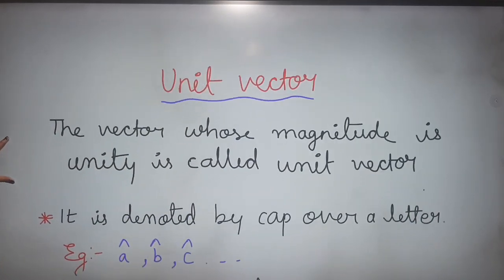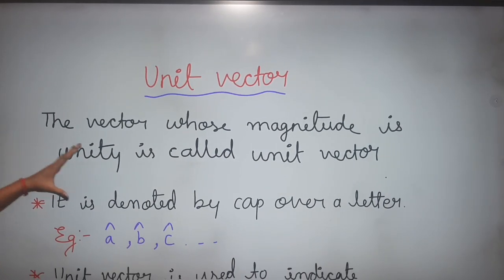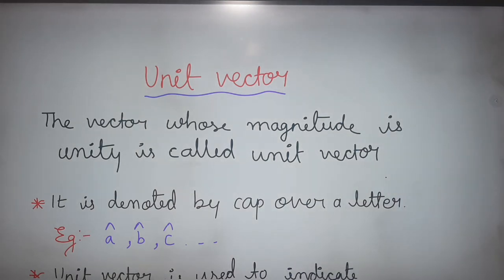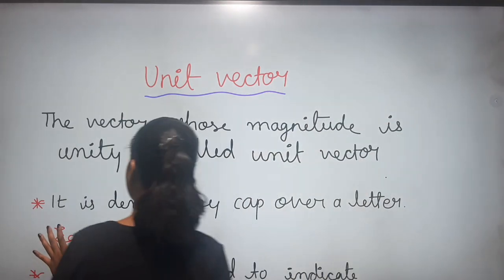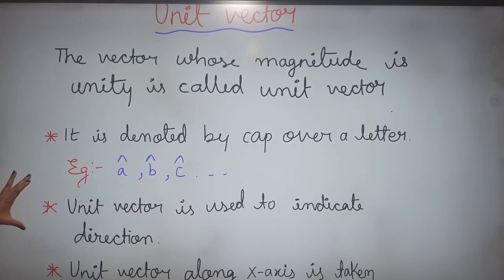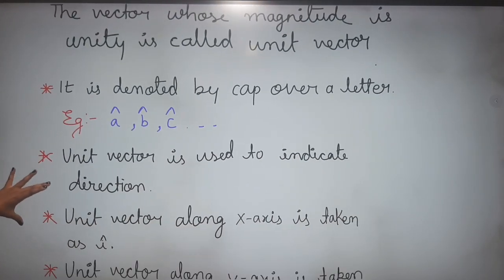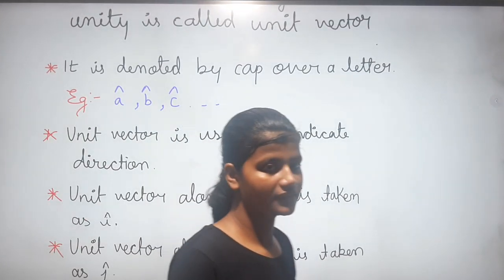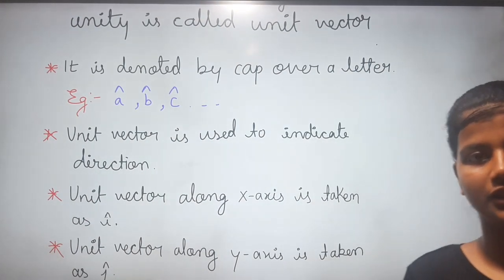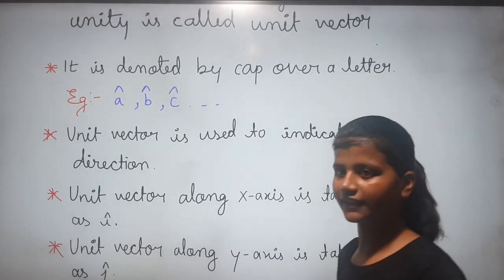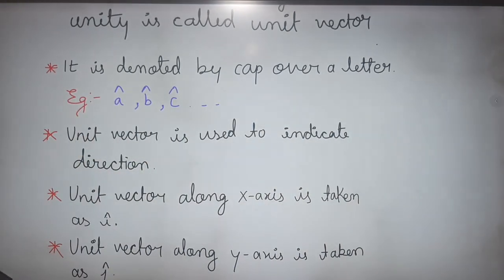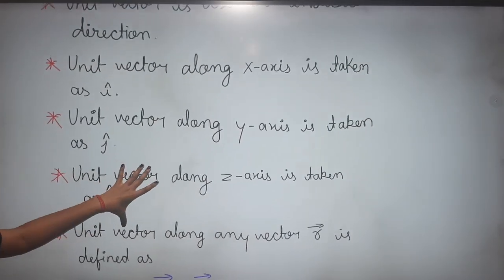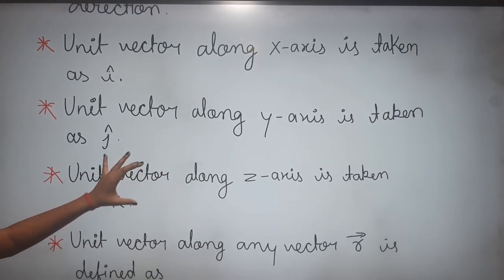So this is all about the unit vector. First we discussed what a unit vector is: the vector whose magnitude is unity is called a unit vector, and it is denoted by a cap over a letter. It is used to indicate direction. The unit vector along the x-axis is i cap, along the y-axis is j cap, and along the z-axis is k cap.